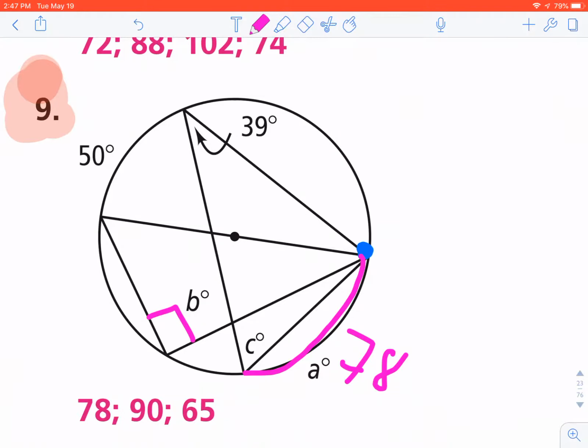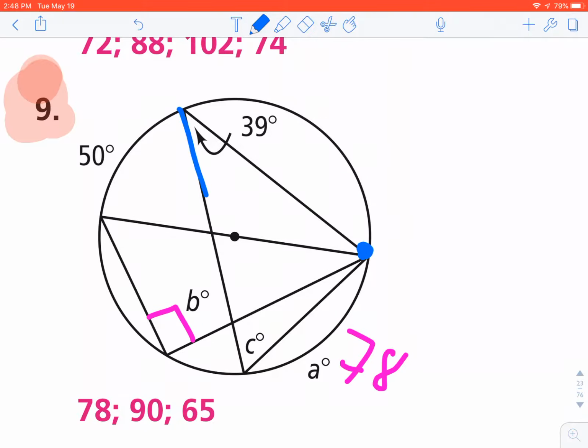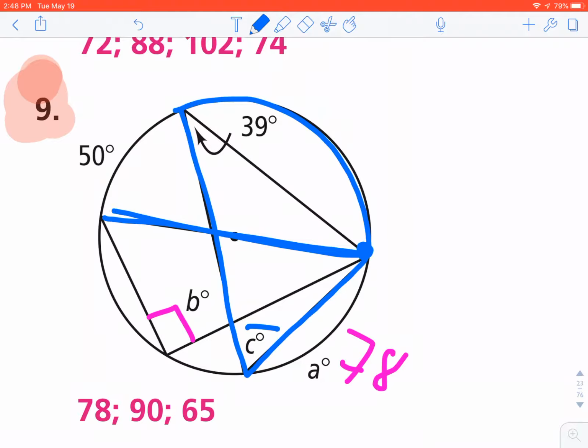The only thing left to do is to find angle C. Well, angle C is creating this arc here. Now, unfortunately, I don't know any information about the angle or the arc, so I can't double or halve anything, but this is a diameter, which tells me from here to here is 180 degrees.